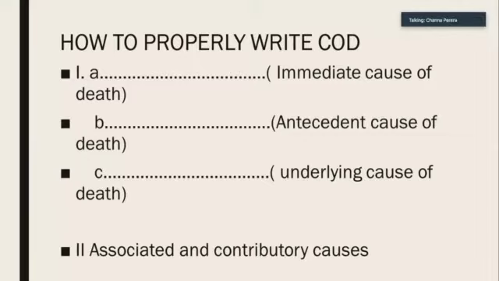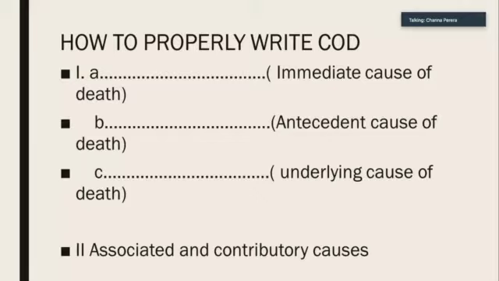Then of course 1A is the immediate cause, that is the acute pulmonary thromboembolism, which occurred due to 1B, that is deep vein thrombosis, and 1C is going to be COVID-19 infection. COVID-19 infection has caused deep vein thrombosis. Deep vein thrombosis has caused the acute pulmonary thromboembolism.